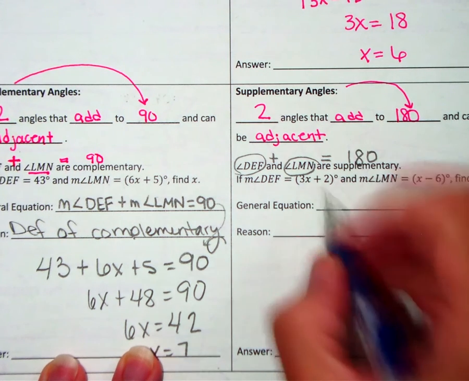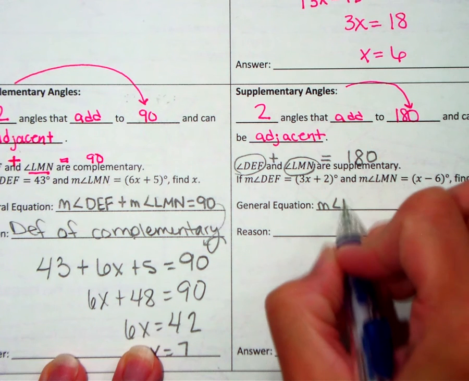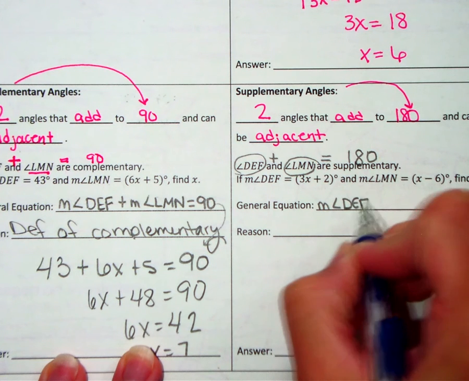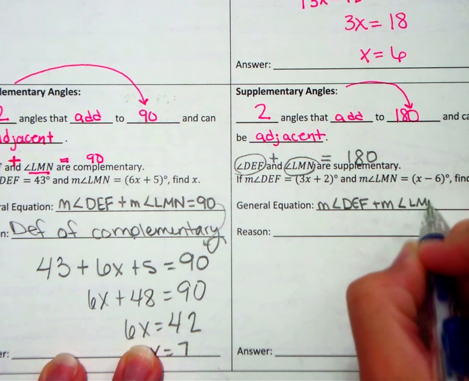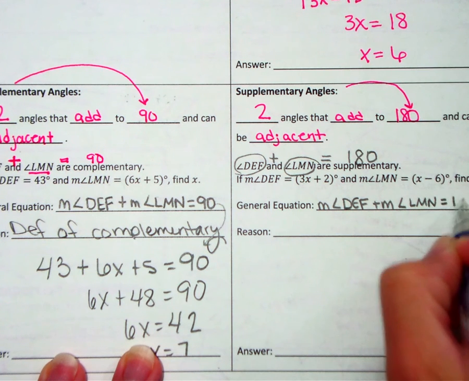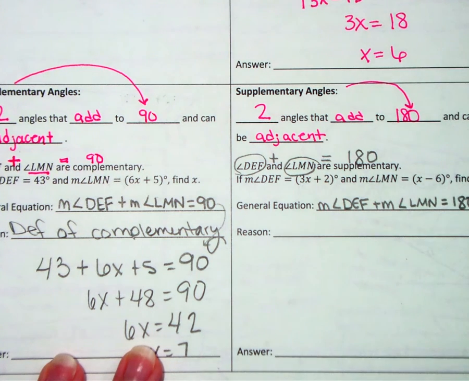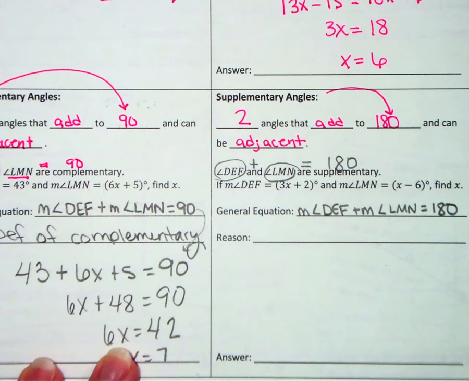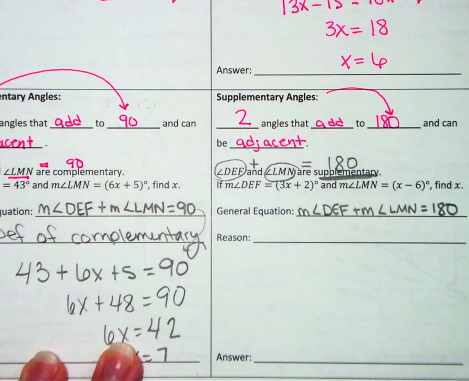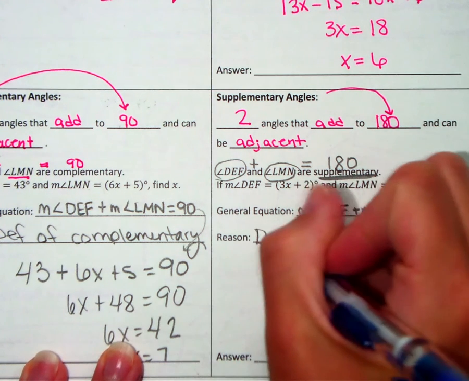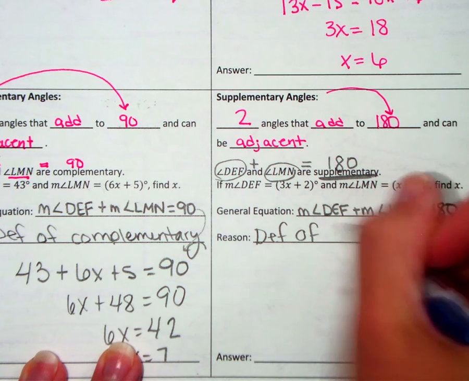So my general equation: measure of the first angle plus the measure of the second angle equals 180. It says a vocabulary word right there. So my reason is definition of supplementary.